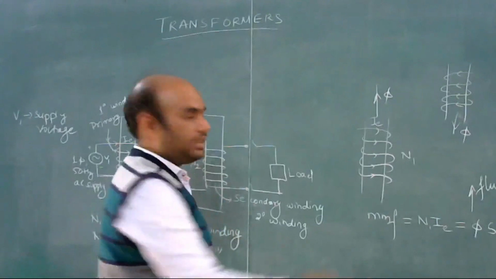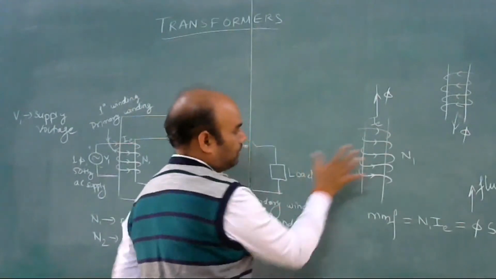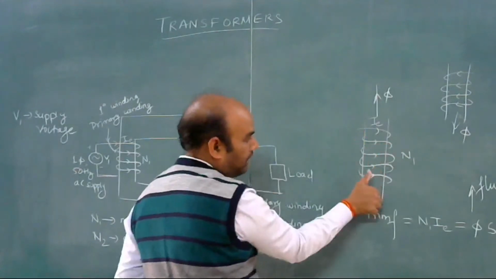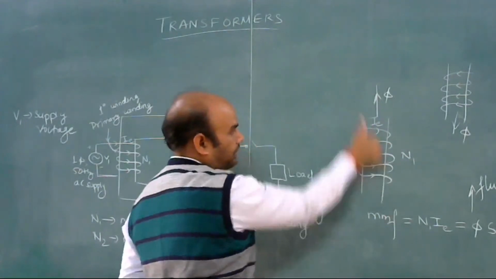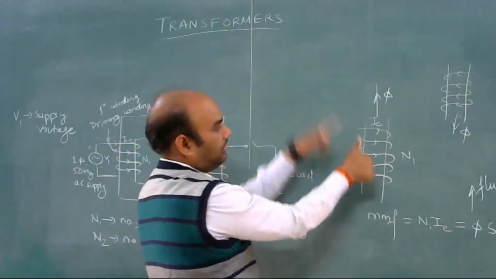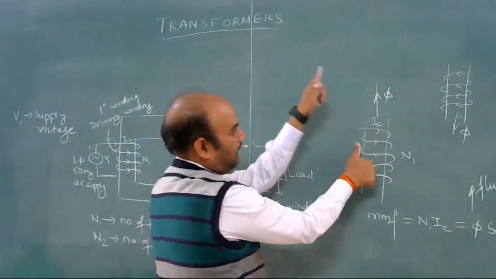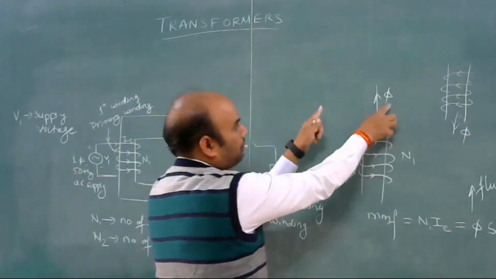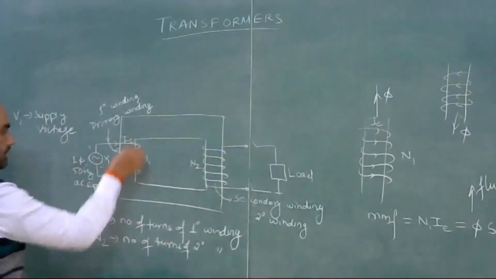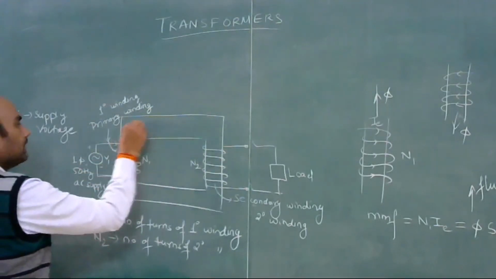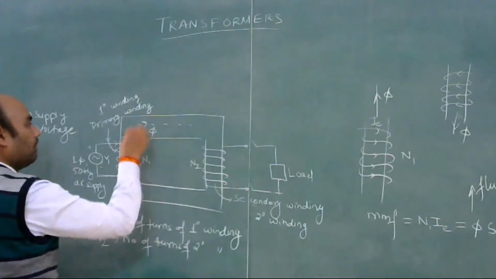Using the thumb rule, with the grip, the direction of the magnetic field will be upward. So the current direction is like this, and the direction of the flux produced will be phi, in the upward direction.